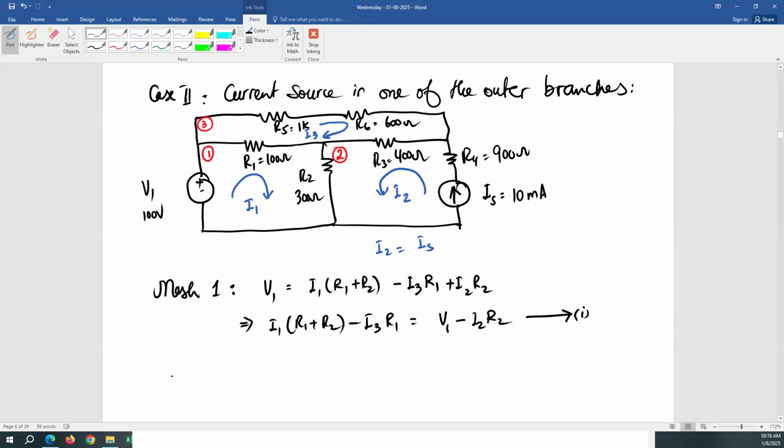And then mesh number 3, we don't have to apply KVL on mesh number 2, remember, since we already know the current in mesh number 2. So mesh number 3, what will be the equation for mesh number 3?